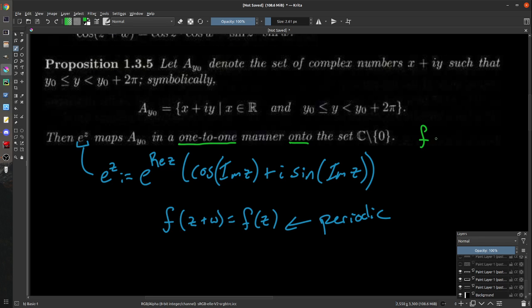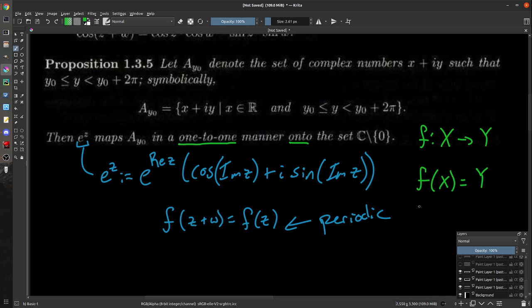That is, I'll write it like this. A function from a set X to a set Y is onto if f of X is Y. That is, the image of X under f is just the entire set Y.